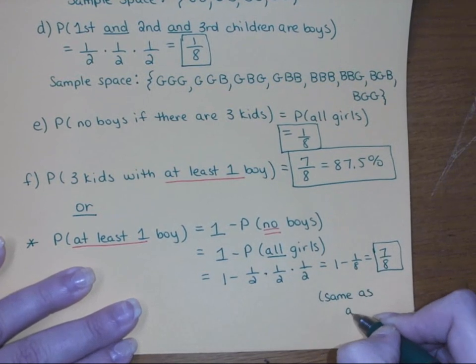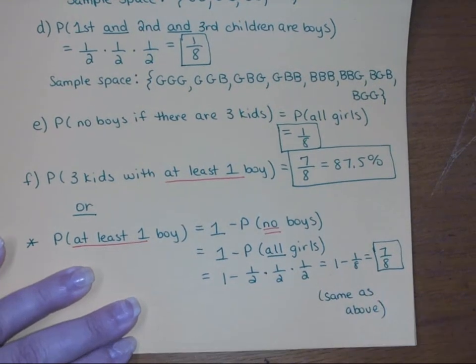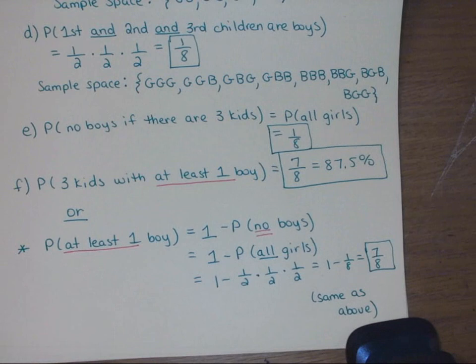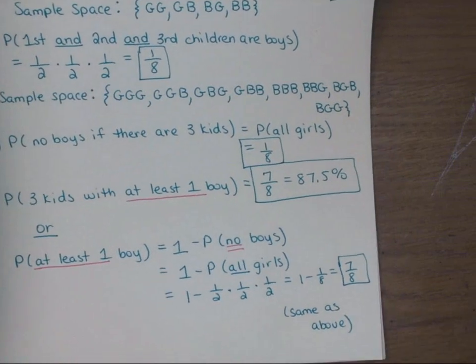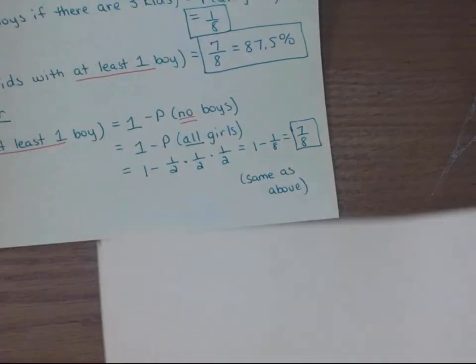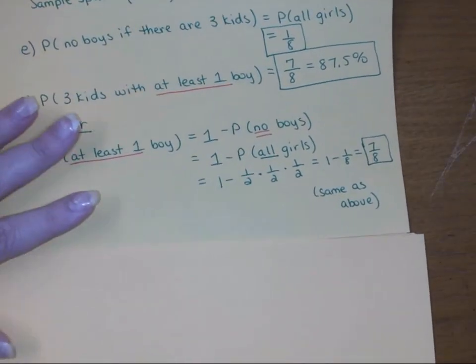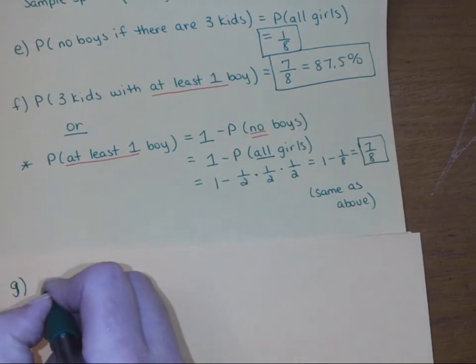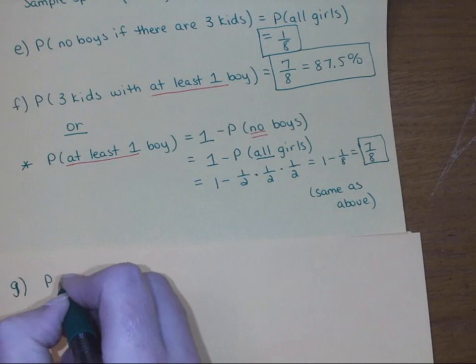So I'm just going to say same as above. But notice that might be easier if we were trying to do a problem where we didn't want to list the sample space. Even with 3 kids, the sample space got quite large, right? So I want us to use that 1 minus strategy to find this.